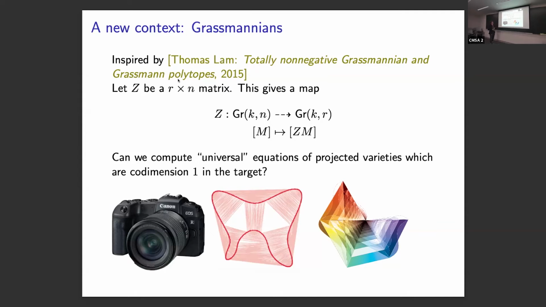This is a particular kind of linear map between the Grassmannians that we saw before in this conference: take a matrix representative and multiply it by Z, or if you like, a linear map given by the kth exterior power of Z.